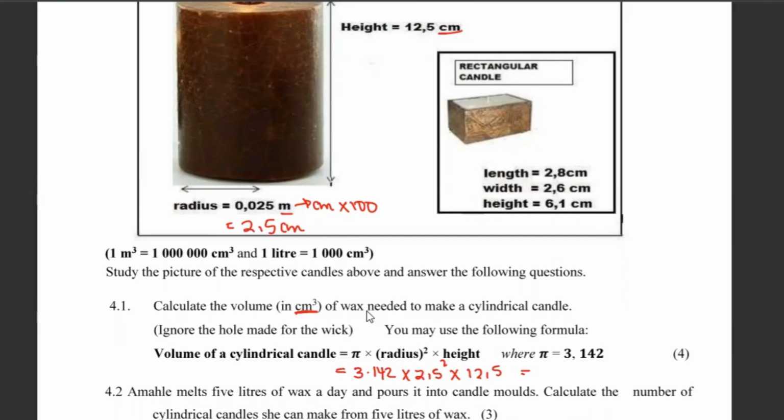So the volume that we have here is 245,47 centimeters cubed. Okay.